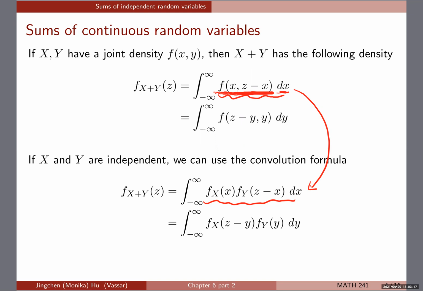And so down here, we know that if x and y are independent, we know from before that their joint PDF becomes the product of the marginal PDFs. So what you can do is instead of writing the joint as x and z minus x, we're writing the product of the marginal fx at x and then fy at z minus x.